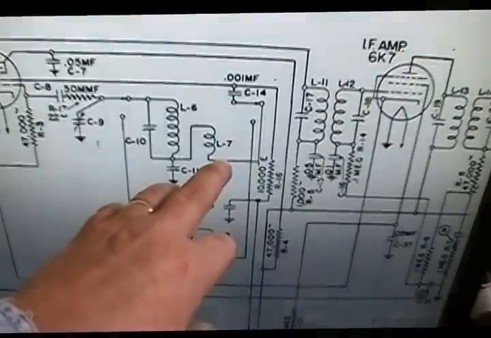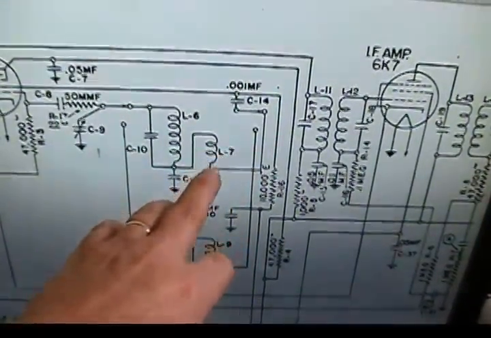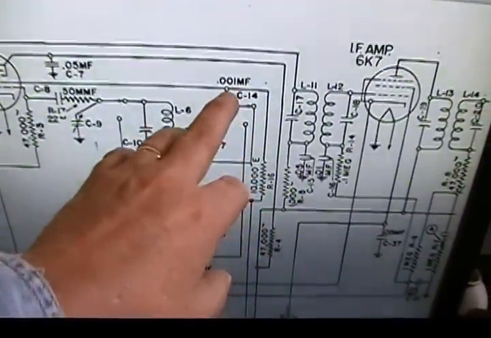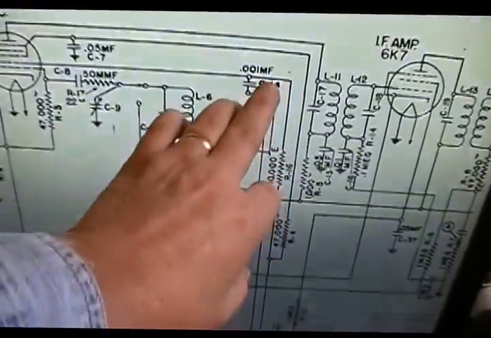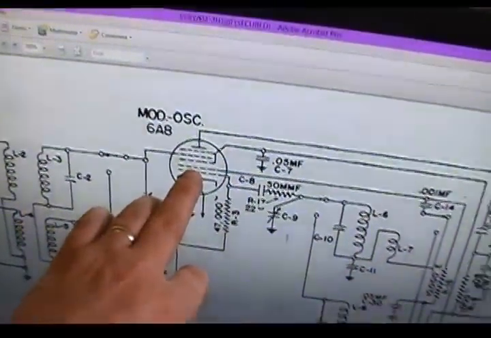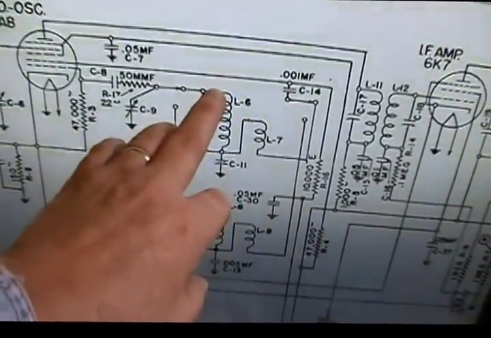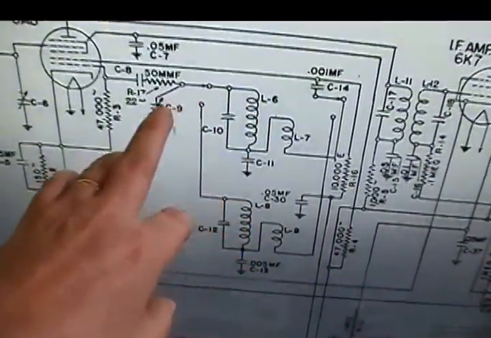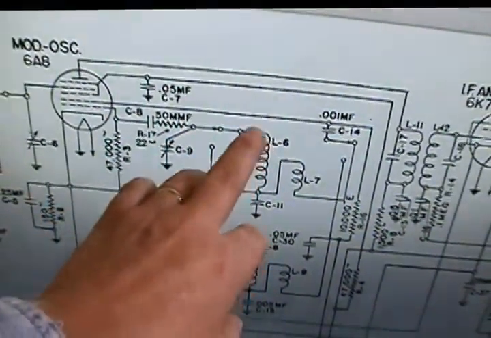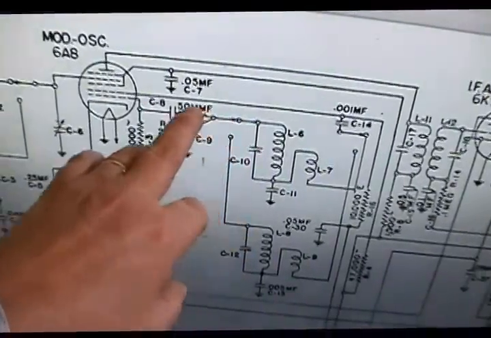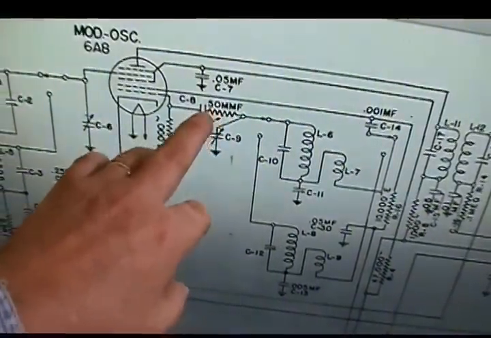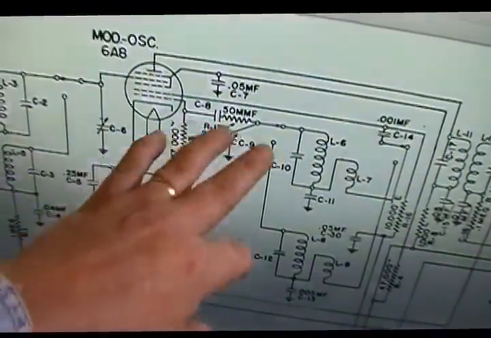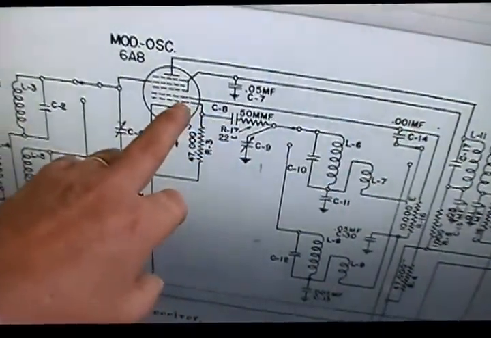Then you can take the other end, say the Tickler has to go back through the band switch to the plate of the oscillator. This end, which is your tank circuit, here's your tuning condenser, has to go through the band switch back to the tuning condenser, and then through your biasing circuitry, back to the grid.